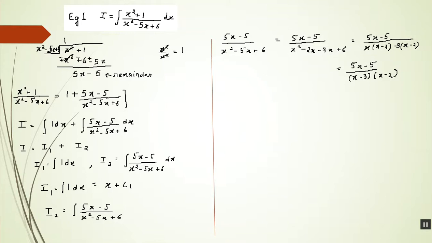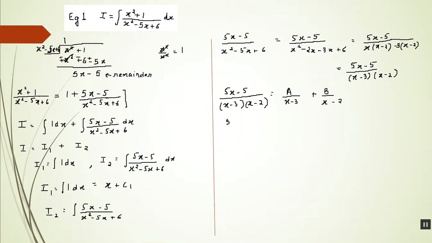Now rewriting using partial fractions. Therefore, this (5x minus 5) divided by (x minus 3) into (x minus 2) can be rewritten as a by (x minus 3), plus b by (x minus 2).